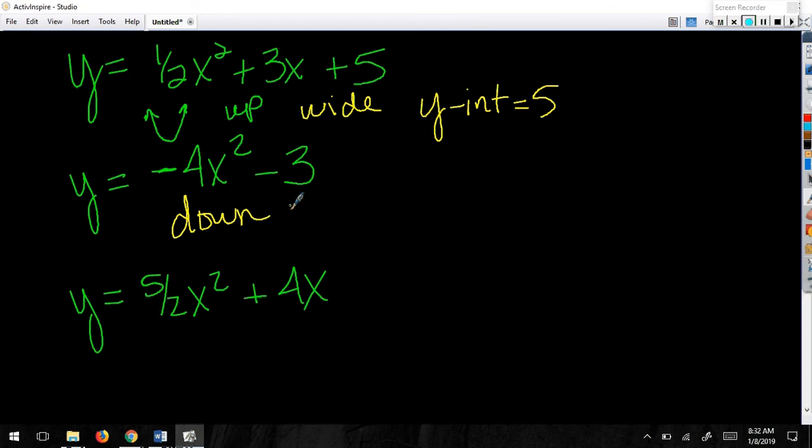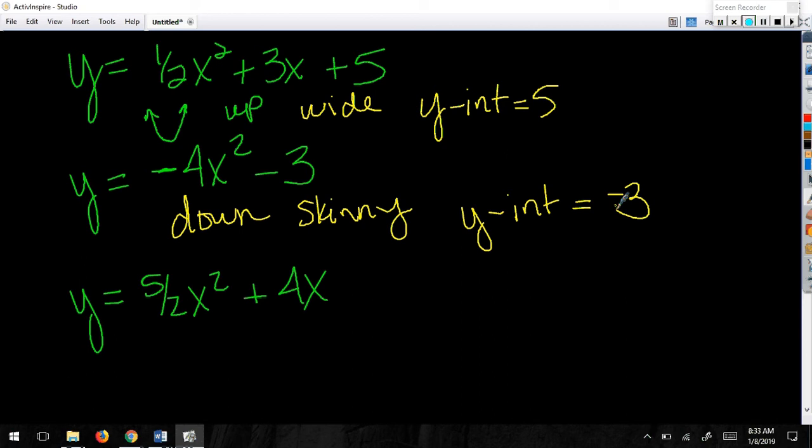So skinny, wide, or average? Skinny. It's skinny. Because the negative only impacts whether it's up or down. It doesn't impact the width of the graph. What else? Negative 3 is the y-intercept. Good job, guys.